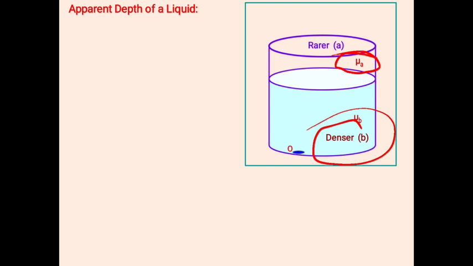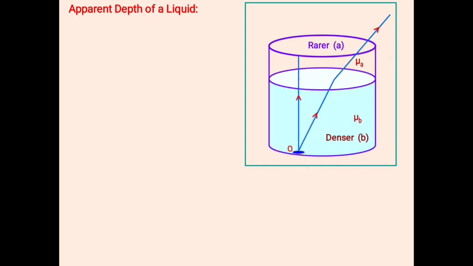Here we kept a coin. When we see the coin, it emerges like this, and this is the normal to the incidence.